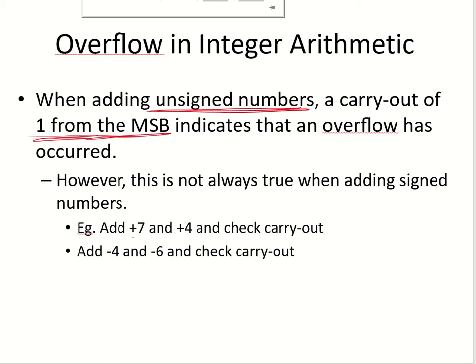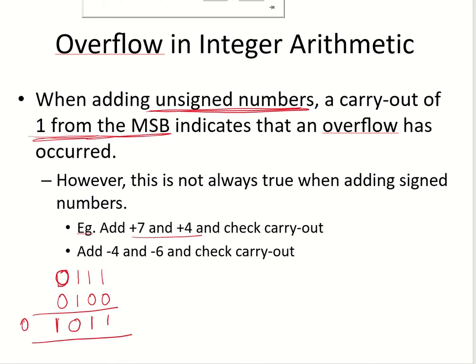Let us add 7 and 4. Here I am using signed numbers and I am using 2's complement. So this is 7 and this is 4. And the carry out was 0. This does not show that an overflow has occurred.